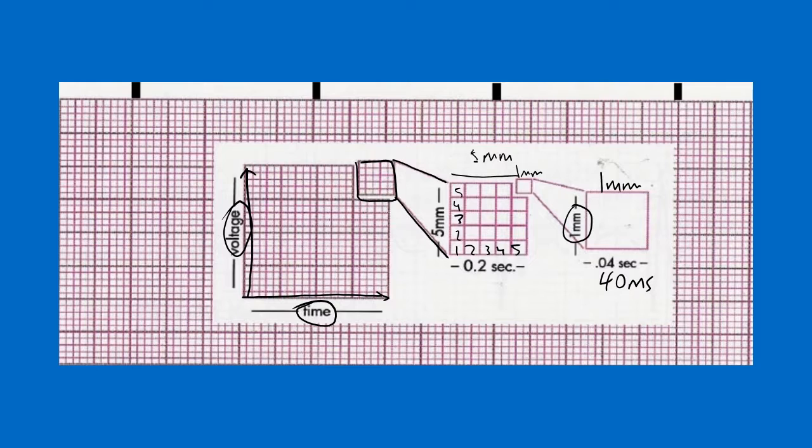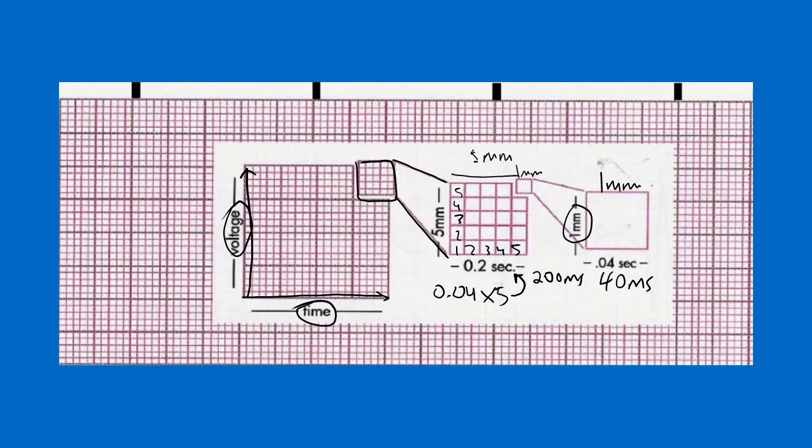And that means that one big box, which is 5 small boxes, is 0.04 seconds times 5, which gives us 0.2 seconds or 200 milliseconds. Understanding these values can help us in determining the patient's heart rate as well as the duration of the waves on the EKG.